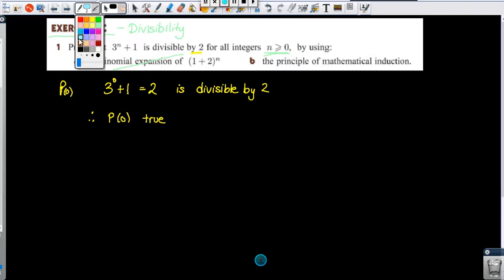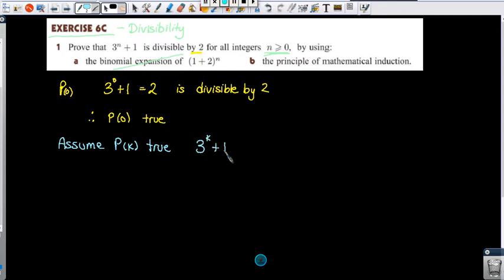Come on, we got this. Okay, so we assume PK true. So in other words, we're assuming that 3 to the k plus 1 is divisible by 2. So that means it's going to equal 2a, where a is any integer and it's greater than or equal to 1.